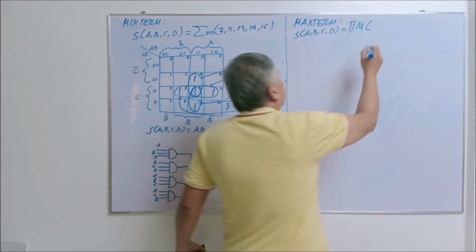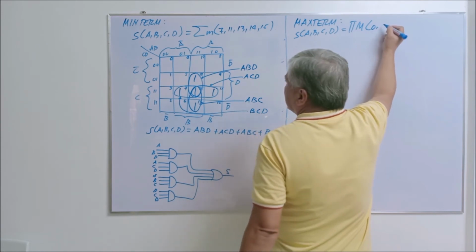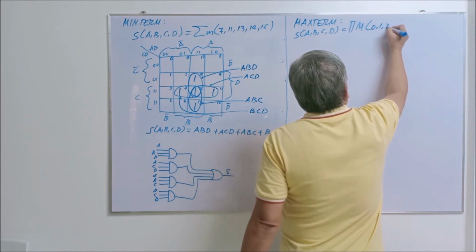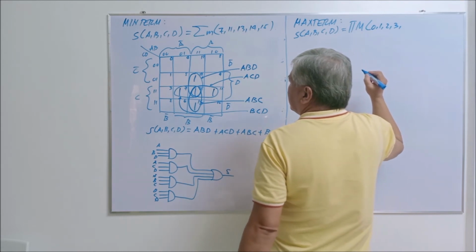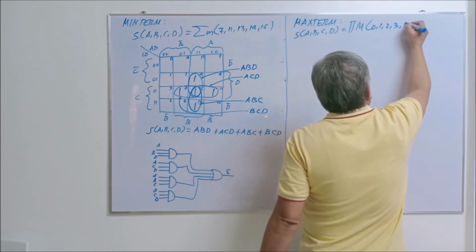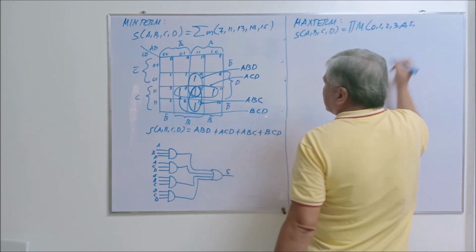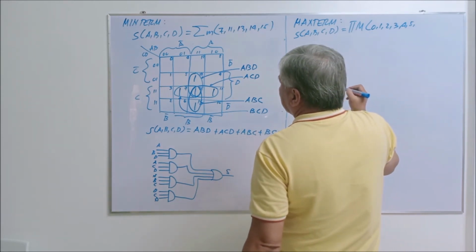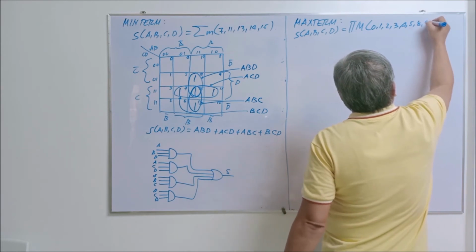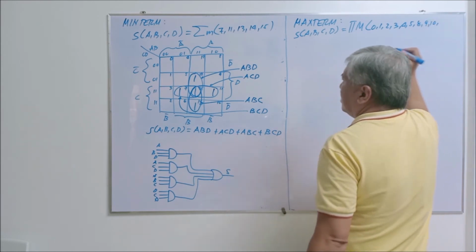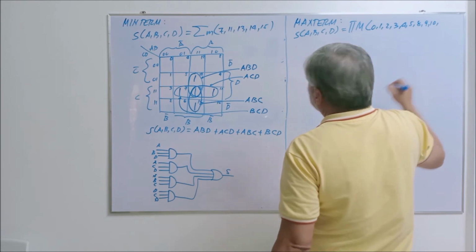So again, you have 0, 1, 2, 3, and then 4, 5, then 8, 9, 10, and then 12.